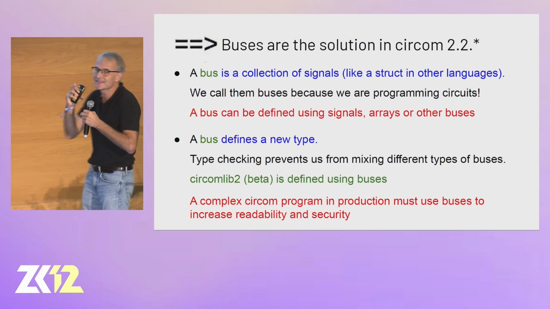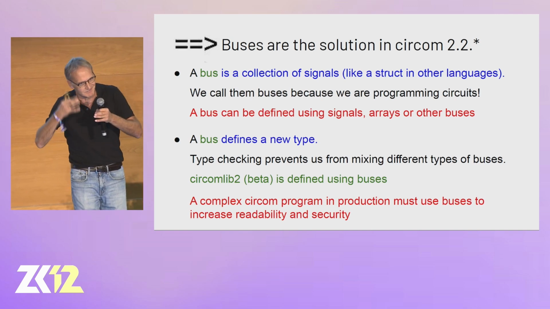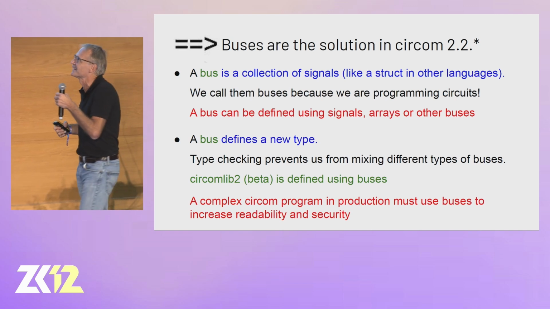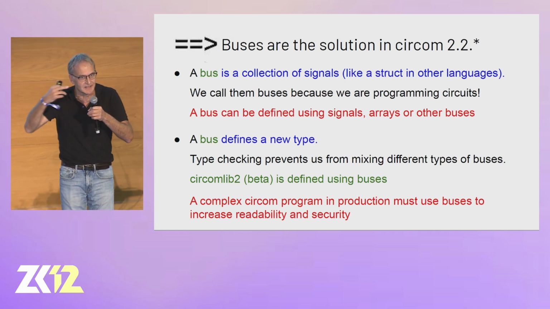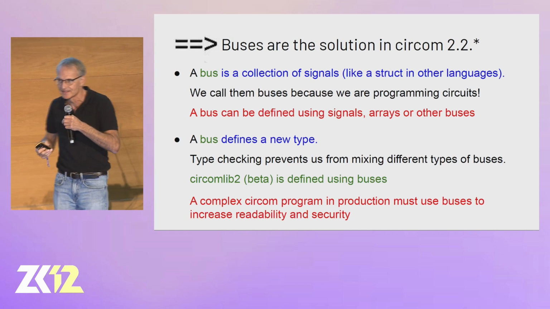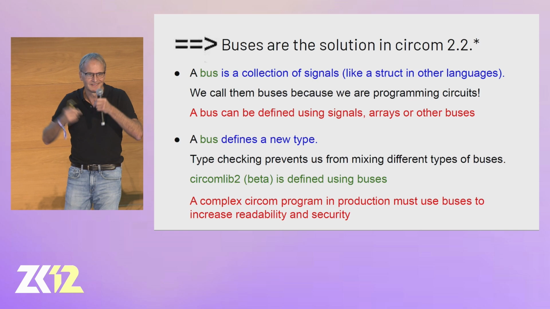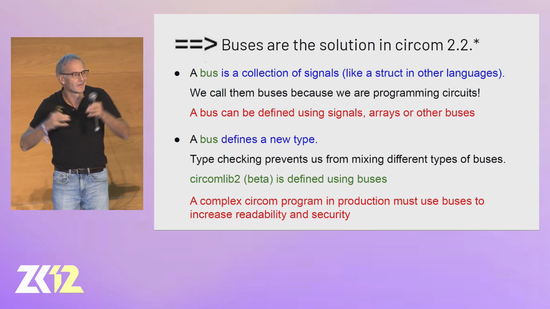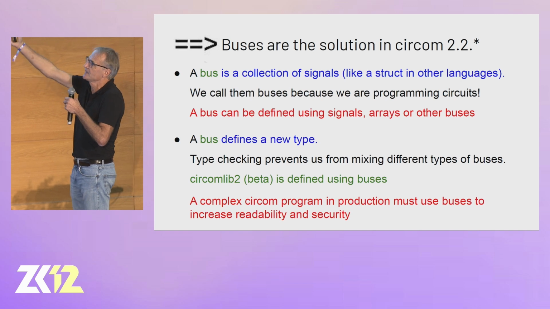The only thing that we don't have currently, but it will come, I hope, in a short time, is recursion in the definition of buses, because we have to decide how to handle the null or something like this.